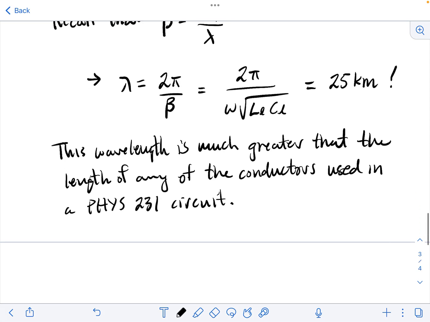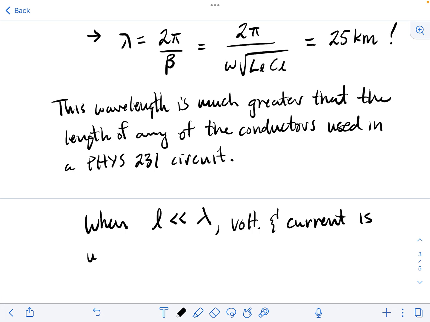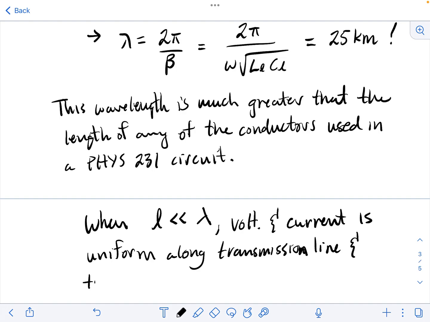So the summary is the following. When the length of your transmission line is much less than the wavelength of the signals propagating in your circuit, the voltage and current is uniform, independent of Z, along the transmission line. And the transmission line effects can be ignored.